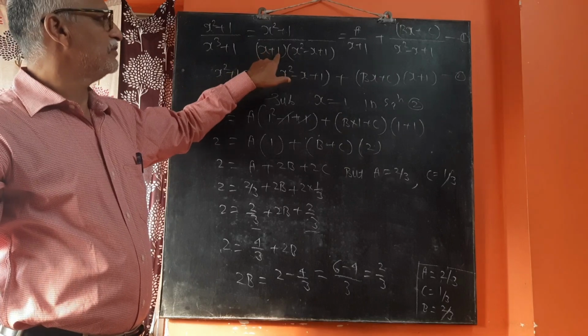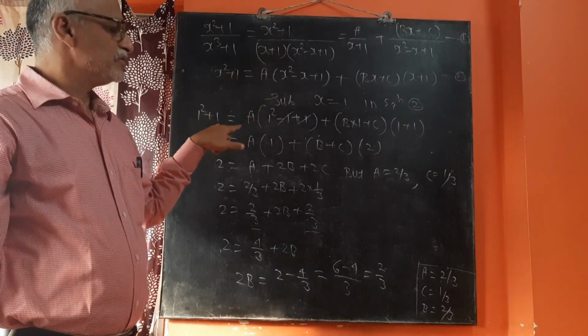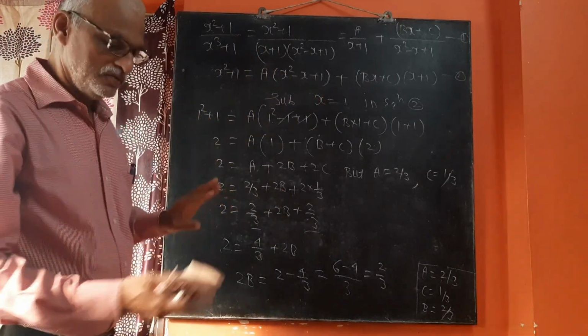By the three substitutions, first one was x equals minus 1, second one was x equals 0, and third one is x equals 1.